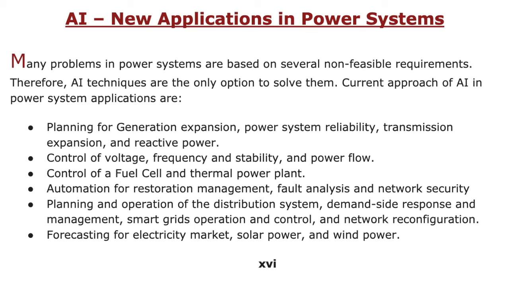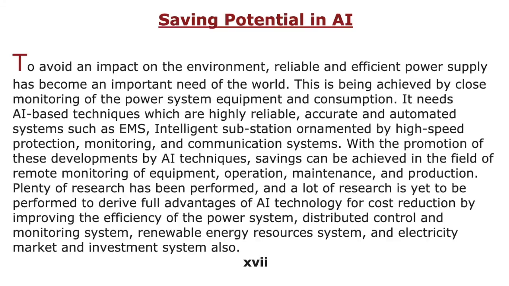Current approaches of AI in power system applications are planning for generation expansion, power system reliability, transmission expansion, reactive power, control of voltage, frequency, stability and power flow, control of fuel cell and thermal power plant, automation of restoration, management, fault analysis, network security, planning and operation of distribution system, demand side response and management, smart grid operation and control, network reconfiguration, forecasting for electricity market, solar power, and wind power.